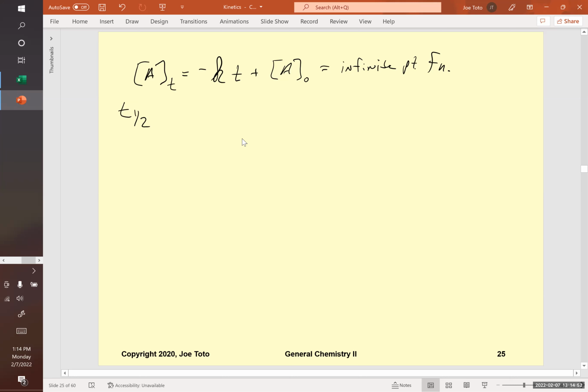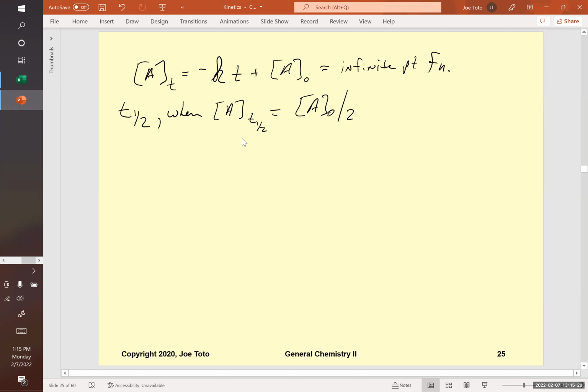All right, so we have that integrated rate law for zeroth order, and that's an infinite point function. I want to find how that function collapses for t1/2, when the concentration of A at t1/2 equals half of the initial concentration.